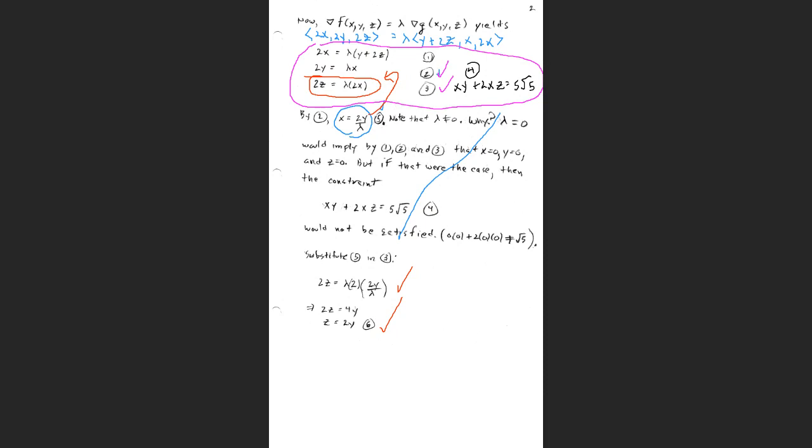Since I know that x equals 2y over lambda, that's equation 5, and that z equals 2 times y, that's equation 6, why don't I substitute equations 5 and 6 into equation 1, which we've not used yet? I'm going to show that on the next page.